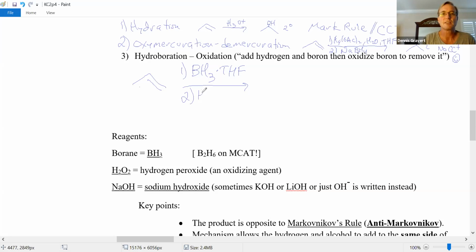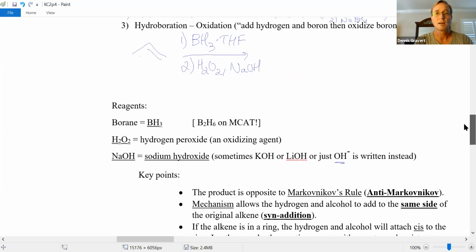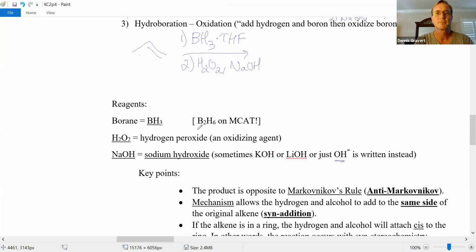And then we add hydrogen peroxide, H2O2, and base. If you just want to write OH minus, totally allowed. It's quite common. Oh, let's put it in here. Oh, it's right there in front of me. I didn't even see it.